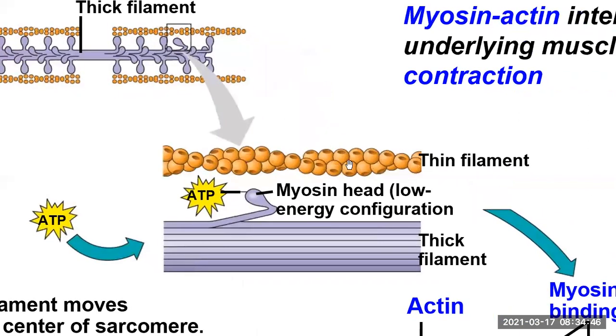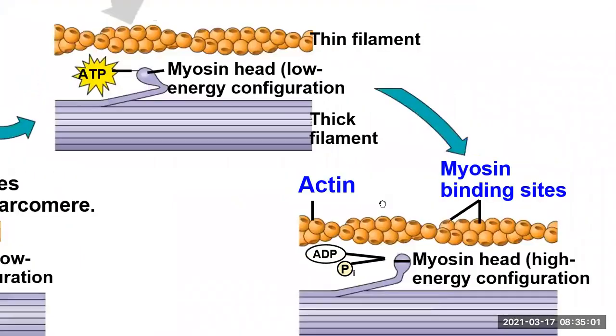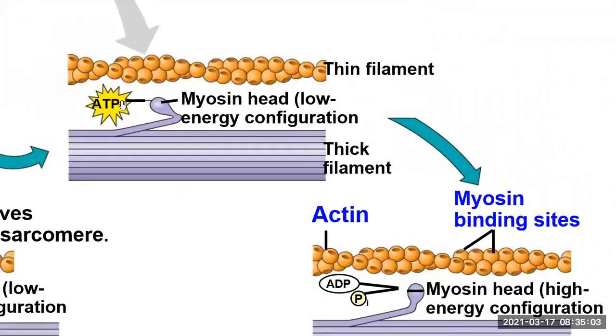And in the actin, the thin filament, do you see these openings? These are the sites of binding. Now, what is the idea? By using ATP, this head binds on the binding site.